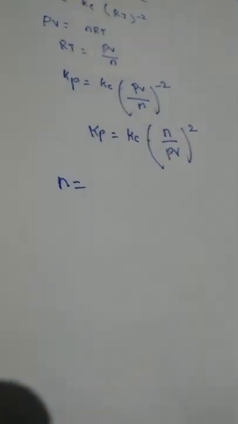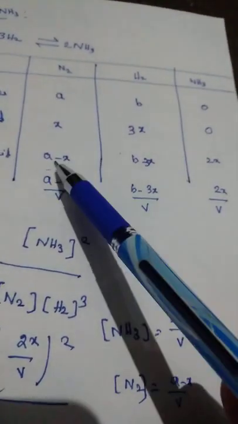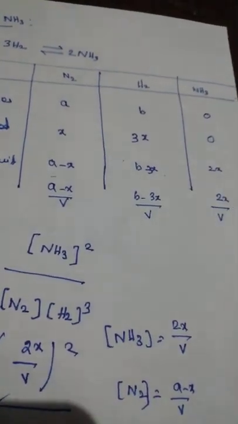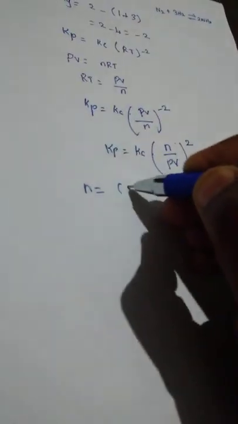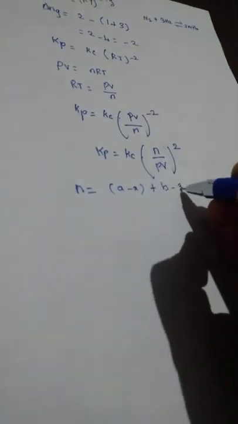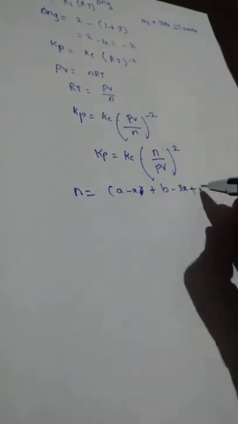Understand? Now listen, you can substitute this n value. Can you calculate the n value? n means the sum of the total number of moles. So the sum of a minus x, b minus 3x and 2x. So the n value is a minus x plus b minus 3x plus 2x.